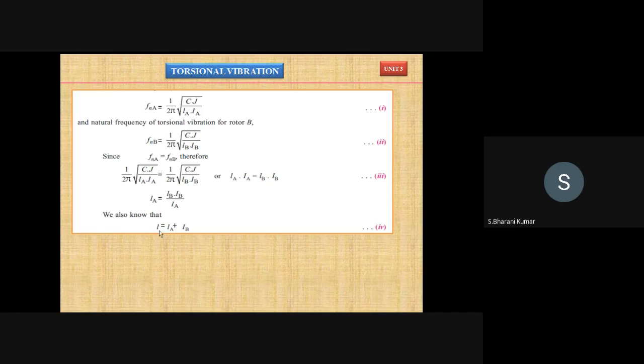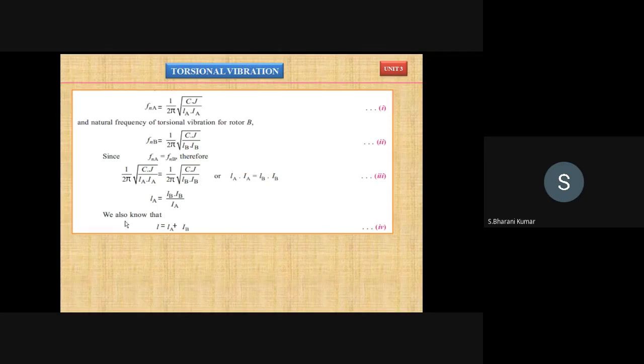One more term is L, which is nothing but La plus Lb. This is the data based on the two rotor system.